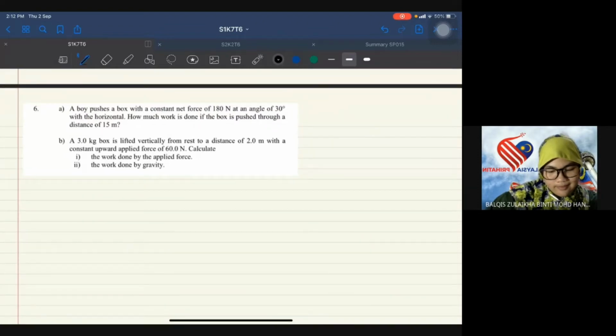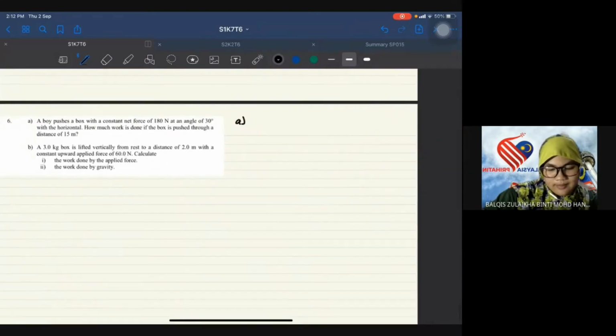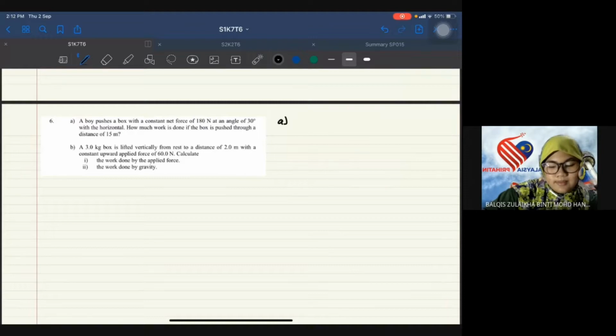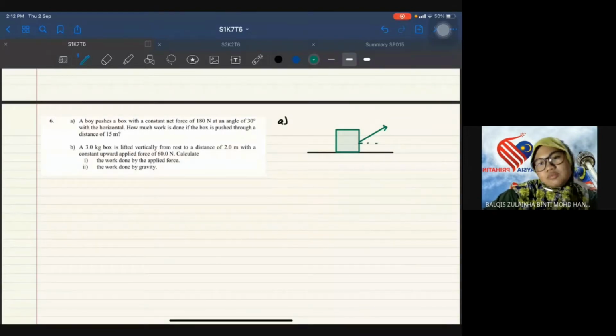So I have a horizontal surface. The force is at 30 degrees to the horizontal. The distance will be 50 meters, so S is equal to 50 meters.